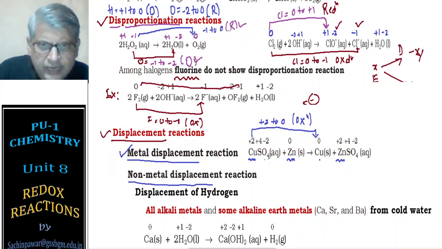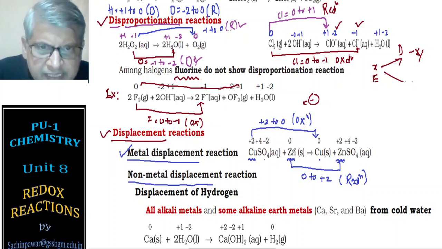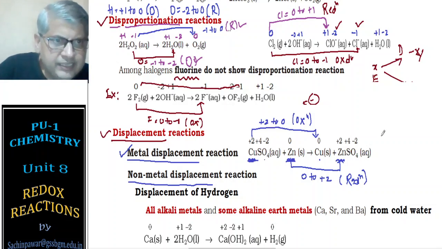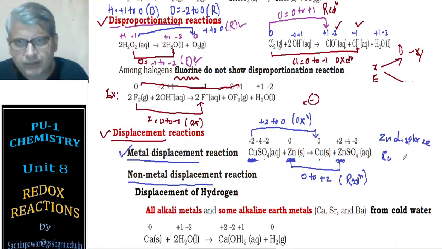If you try out the oxidation numbers, you will find zinc is changing from 0 to +2. It is an increase in oxidation number, that means it is oxidation. So here oxidation and reduction both are taking place, and zinc is displacing copper from copper sulfate. This is one example.